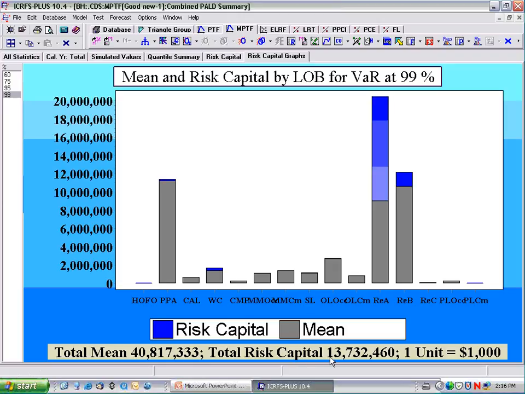The total risk capital allocated to all the lines of business for the combined reserve and underwriting risk is 13.732 billion, and 11.4 billion of that actually is allocated to the line of business called REA.